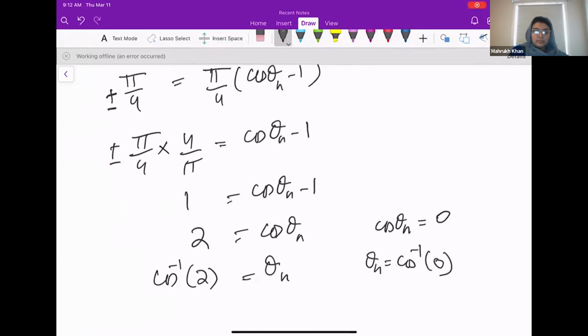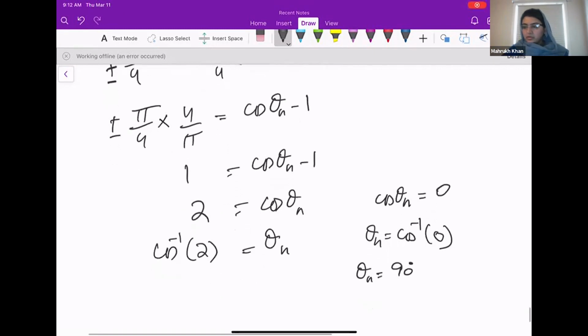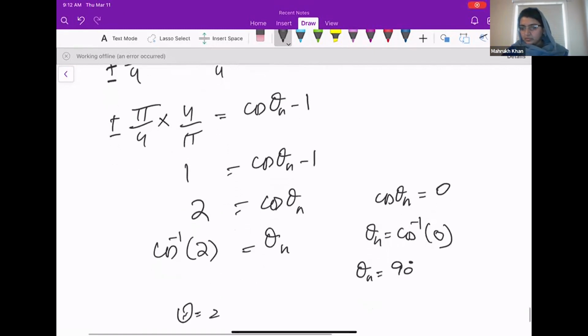Because we don't know what cos inverse 2 is, cos inverse 0 gives theta h equal to 90 degrees. And your half power beamwidth is 2 into 90, that is 180 degrees.